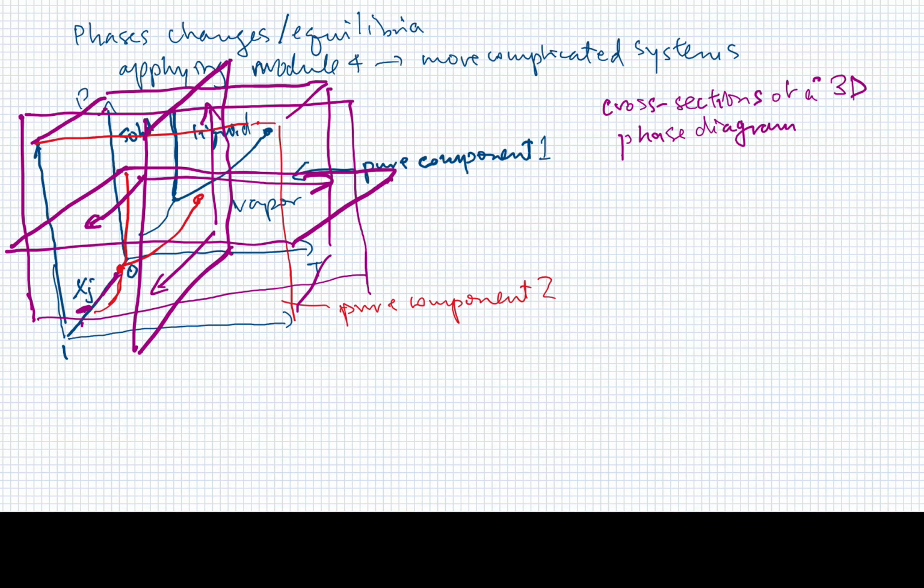Now, I realize this may sound hopelessly complicated, but you'll see that these cross sections are actually reasonably easy to understand. I hope you'll find that way. And we'll be able to get a lot of meaning out of looking at those as we create them. And much as I'm tempted to, I will never show you the three-dimensional version of these phase diagrams because it's a little bit of a mind twist to take a look at them.